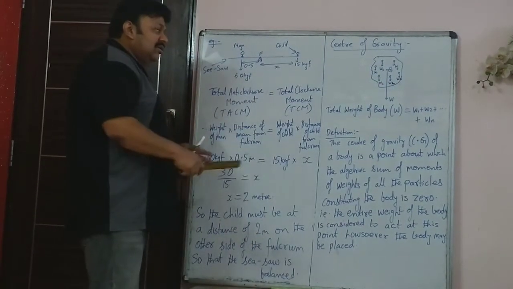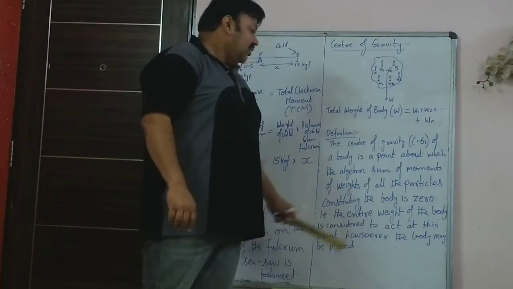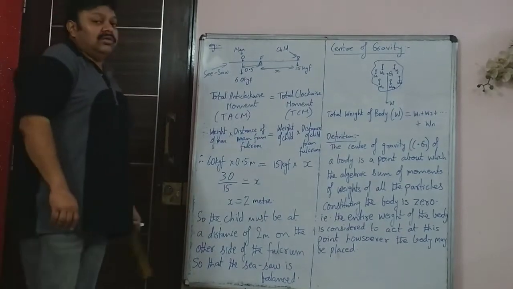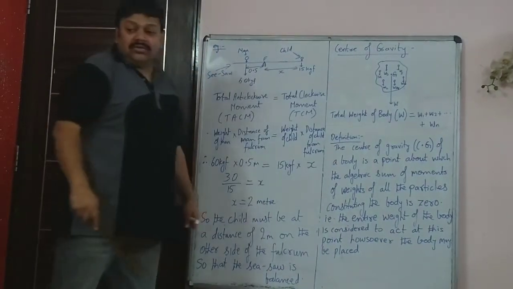That all balances, and the net sum of the moments of all the particles constituting the body is 0. Entire weight of the object seems to act through that point.